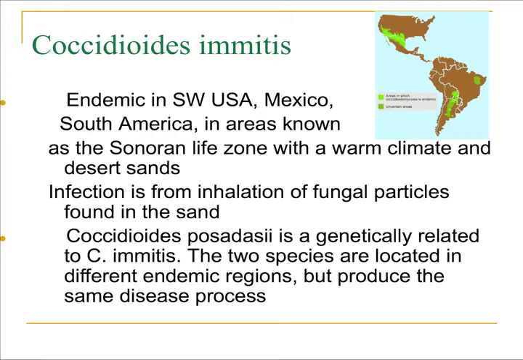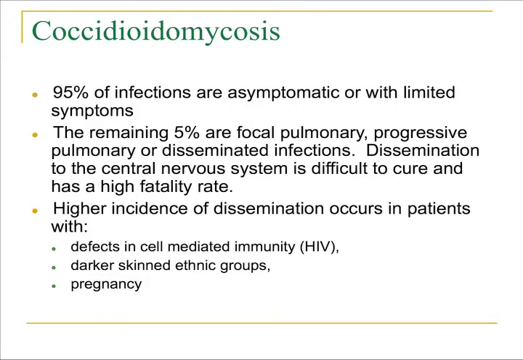On the next slide, we talk about the infections of Coccidioidomycosis. 95% of the infections are asymptomatic or with limited symptoms. The remaining 5% are focal pulmonary, progressive pulmonary, or disseminated infections. Dissemination to the central nervous system is difficult to cure and has a very, very high fatality rate.